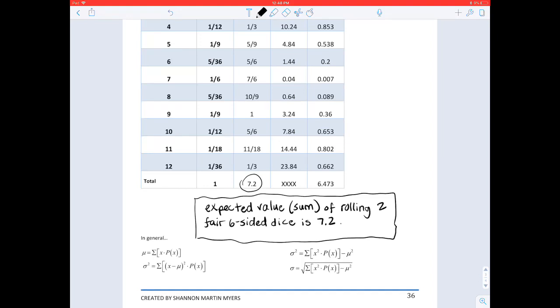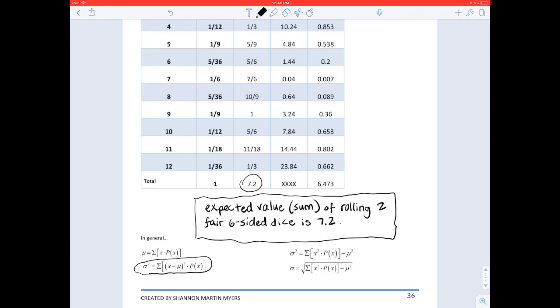Okay, so now the spread. How do we figure out the spread? This is all theoretical, right? So that's why it's in terms of mu and sigma squared. I showed you this way just because it's easier on a table to do.